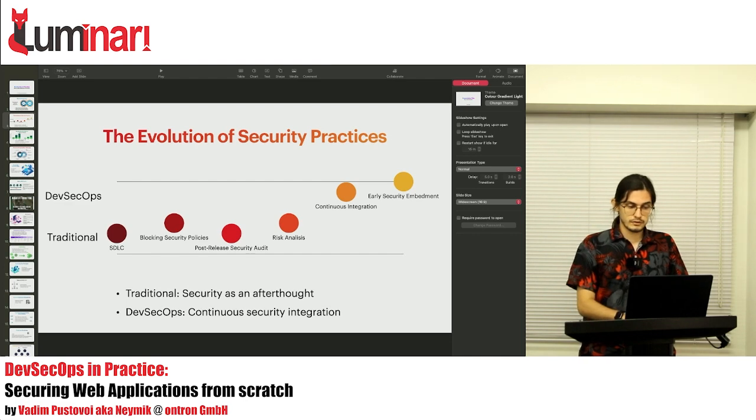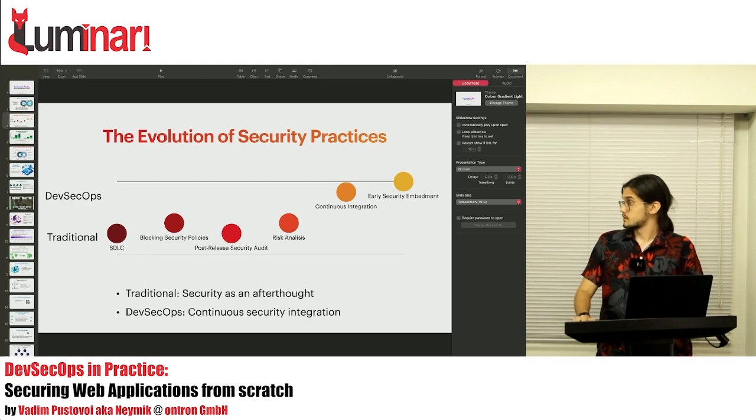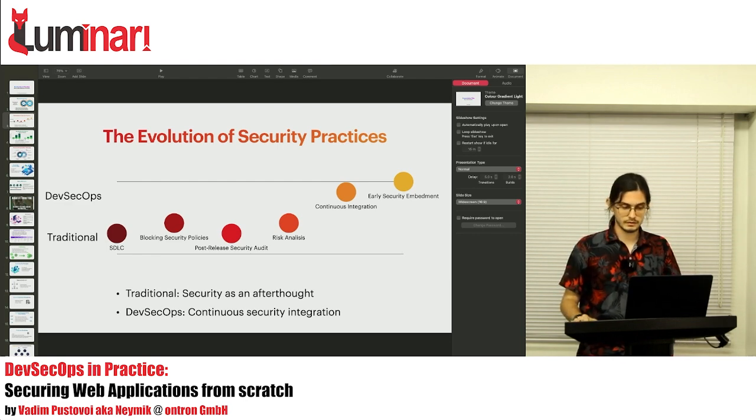The good way to do that is DevSecOps. Maybe automation, maybe shared responsibility, some steps to make the security better.